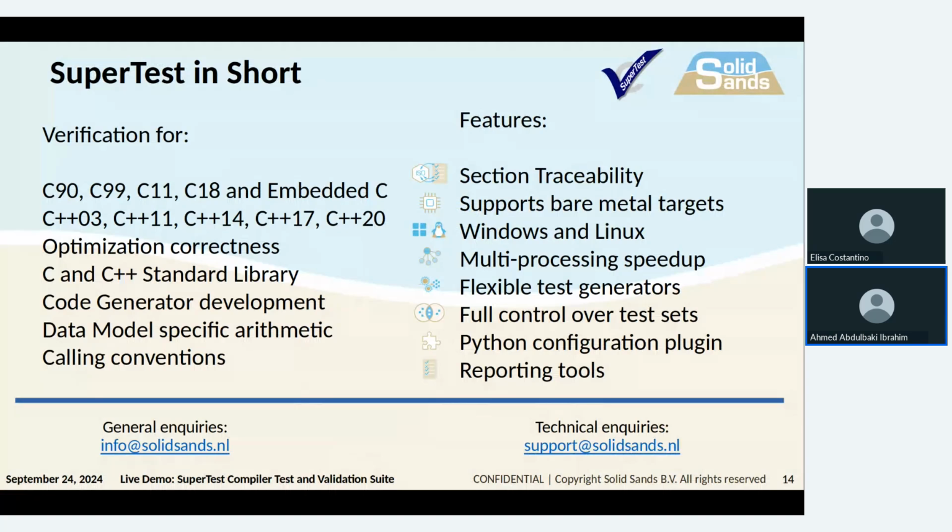With SuperTest, you can qualify as many compilers, compiler versions, and compiler use cases without any limitation. But pre-qualified compilers or safety certified compilers typically come with safety manuals that limit you in the ways you can use it. So, for example, it can say that the compiler is only qualified for a very specific set of options. In other words, the use case.